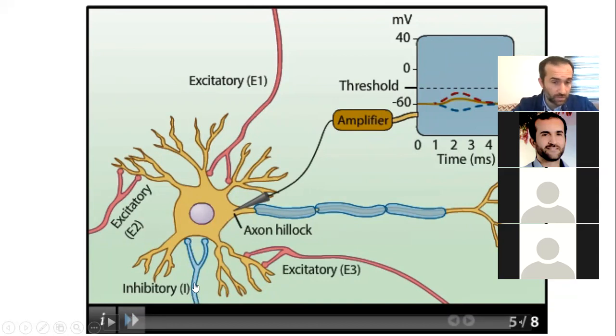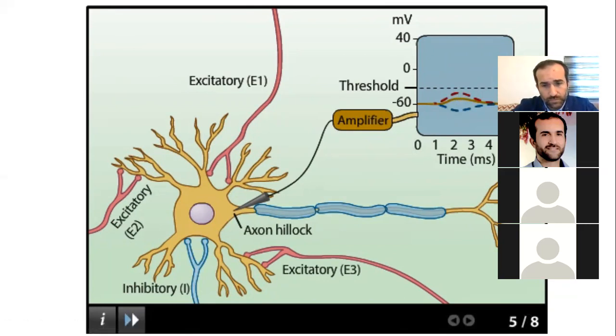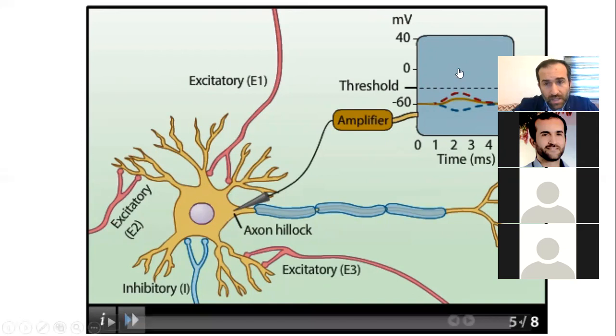From the inhibitory. Now, the EPSP is shown here in red color, and the other is an IPSP shown in blue color. What will the sum of them give? The yellow one in the middle, which is lower than the threshold, and lower at the same time than the EPSP itself.